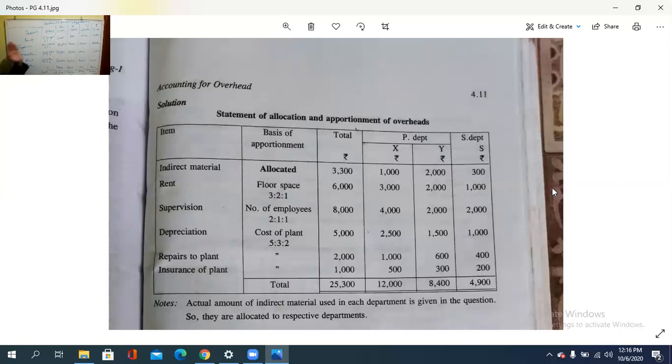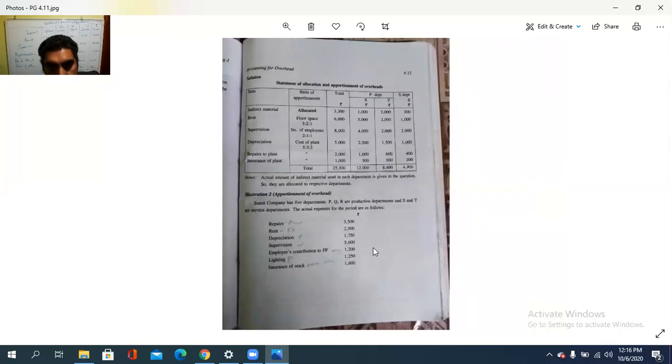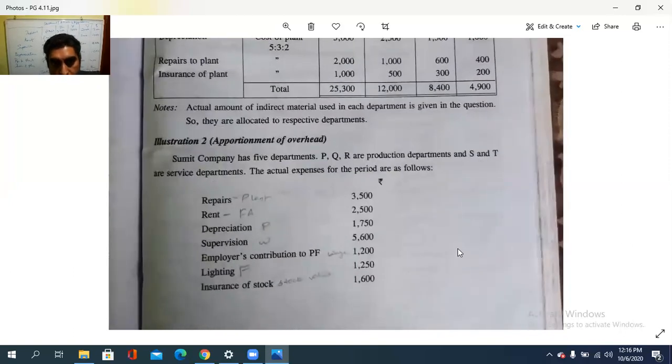The rest are all apportioned based on, see, rent on the base of floor space, supervision charges on number of employees, then depreciation on cost of the plant, then repairs to the plant and insurance of the plant, same cost of the plant. So this is the case with regard to the allocation and apportionment of overheads. Clear?